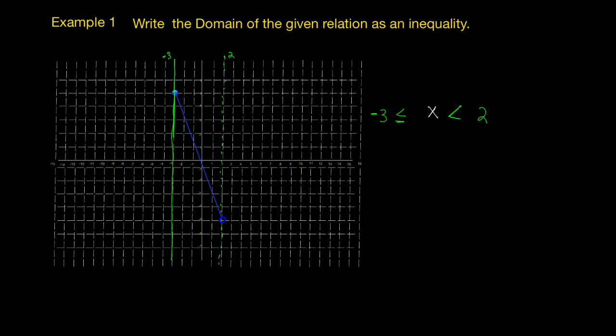And there you have it. This is going to be the domain of this graph from -3 all the way to +2. This is the domain of this graph right here, where this graph exists, technically speaking.